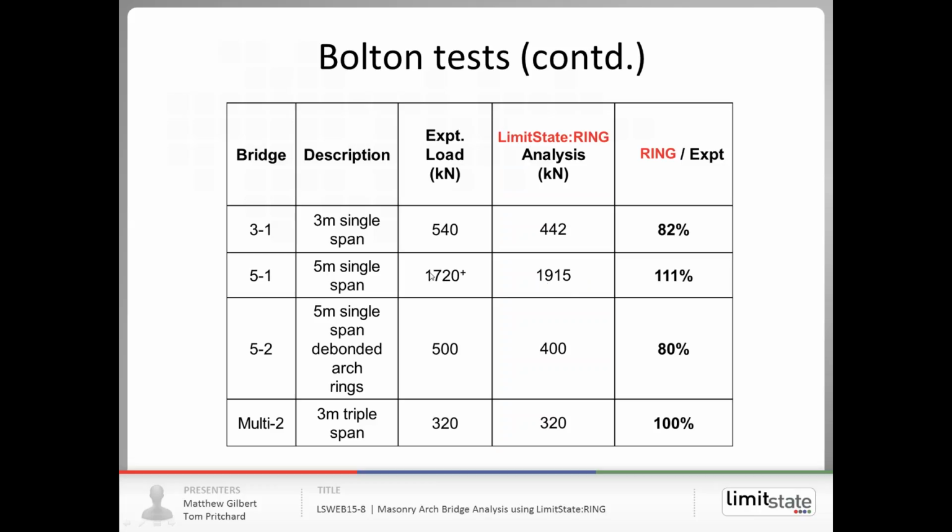And that's one of the unfortunate aspects of multi-ring arch bridges: it's very difficult to predict when you will get debonding of those rings. In fact, bridge 5-2 is exactly the same as 5-1, but with those rings debonded artificially. So we actually put in effectively damp sand between those rings. And in that case, you can see we got a good estimate of the capacity. The only downside is clearly it's significantly lower than when we have bonding between the rings.